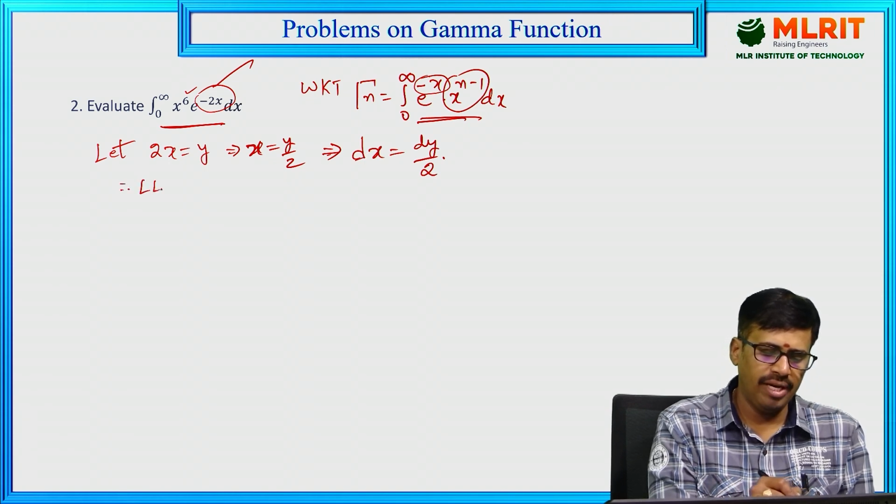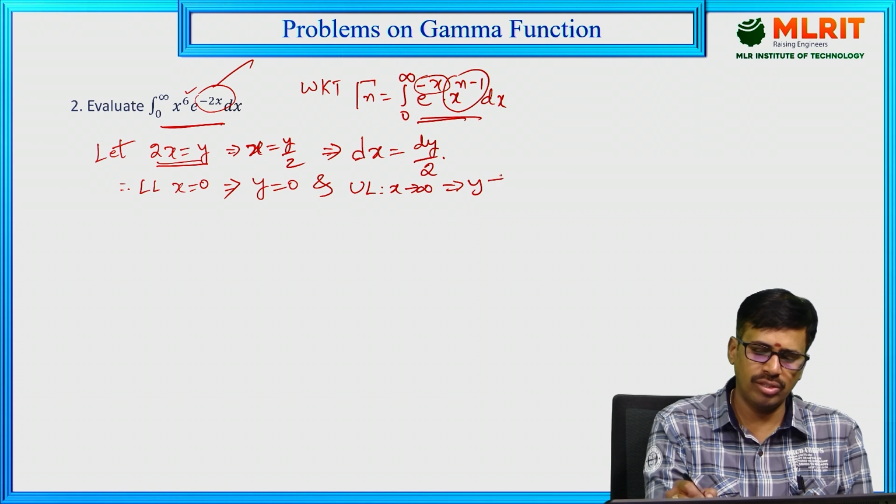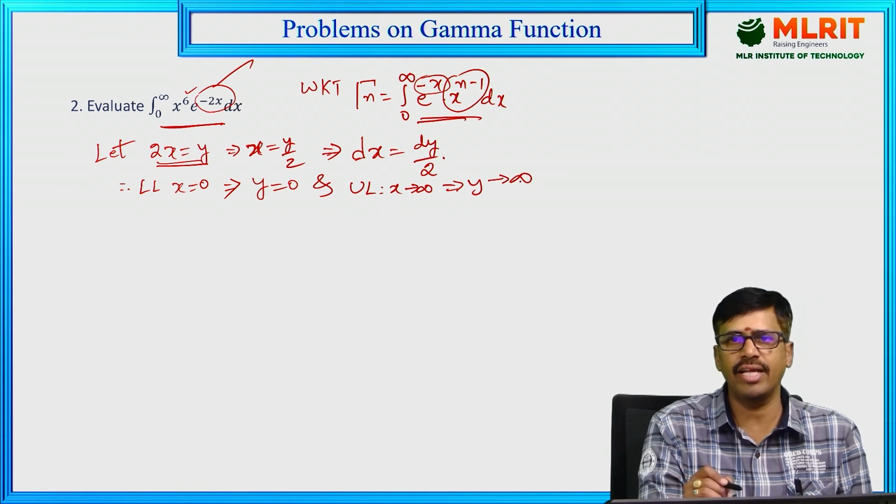Limits: lower limit x equal to 0, so substitute x equal to 0 here, y is also 0. Upper limit x tends to infinity, so y also tends to infinity, so the limits do not change.